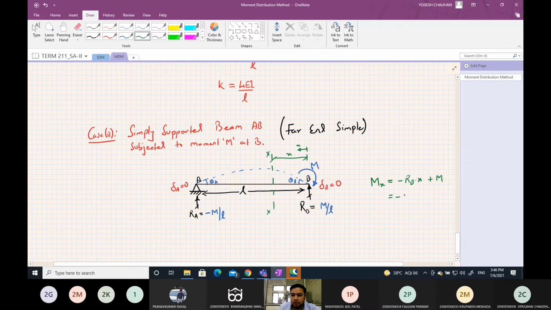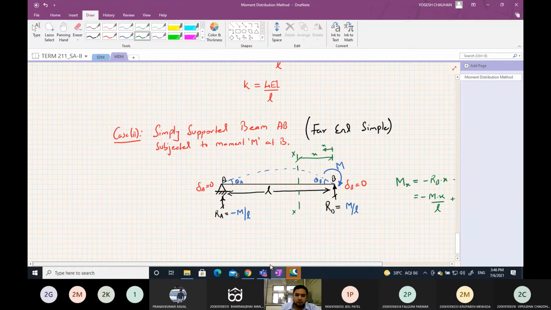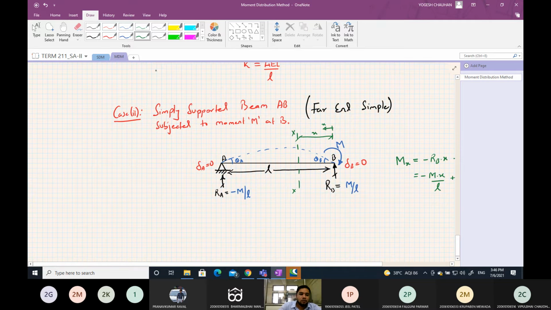RB is M by L, so minus M x by L plus M. So now same as earlier, we know that Mx is equal to minus EI d square y by dx square.